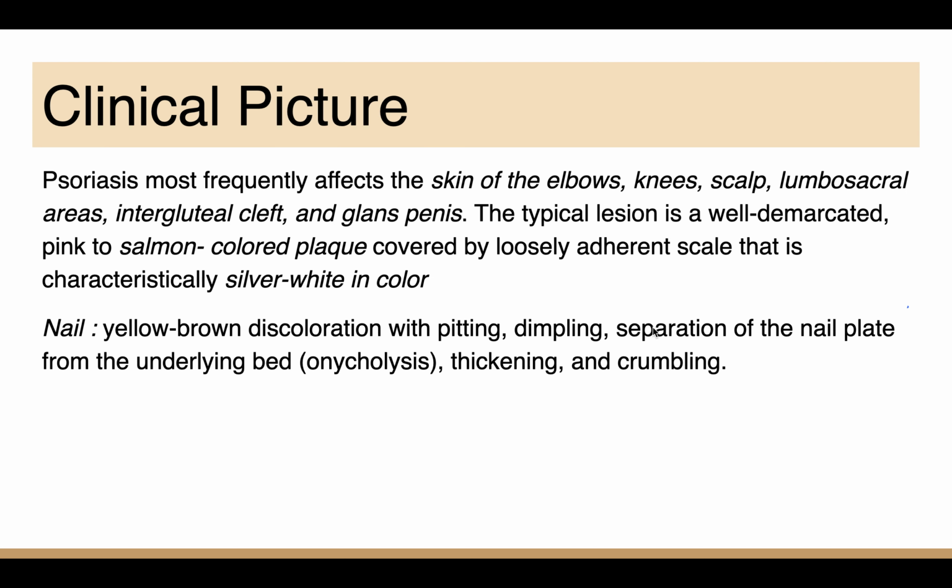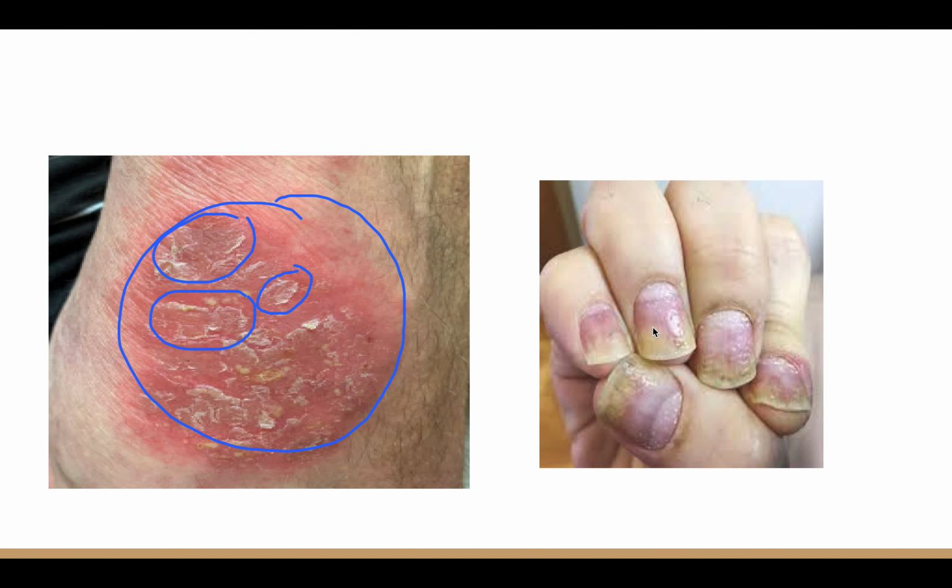The clinical picture is that it affects the skin of the elbows, knees, scalp, lumbosacral area, intergluteal area, and glans penis. How does the lesion look? We already discussed. It is a well demarcated area. It is erythematous, flat like a plug, and has silvery white scales all over it.